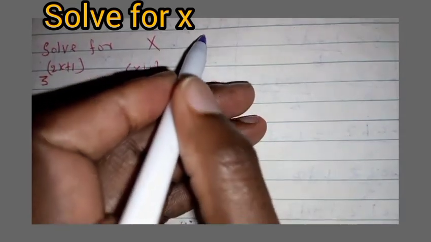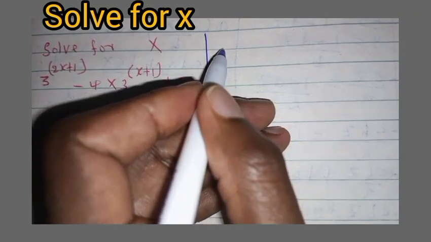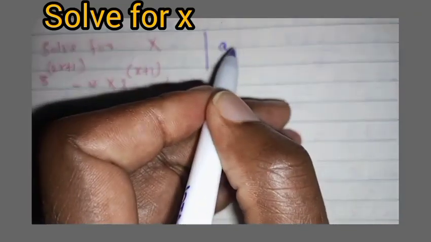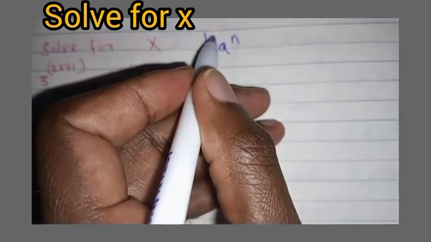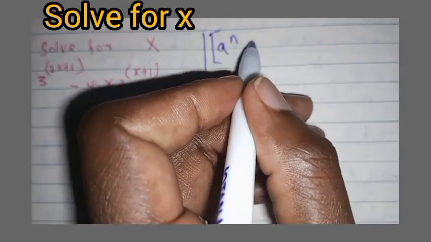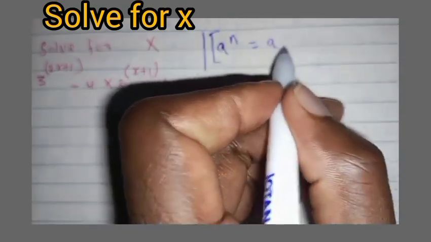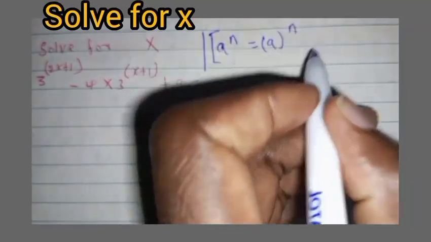So to begin with, we are going to make use of this identity whereby if you are given a power n, this is the same as a into bracket power n.